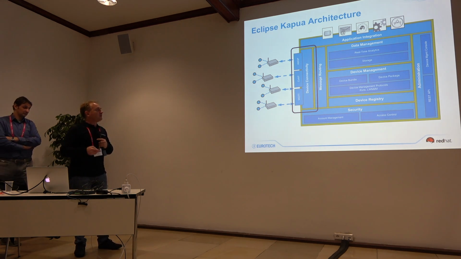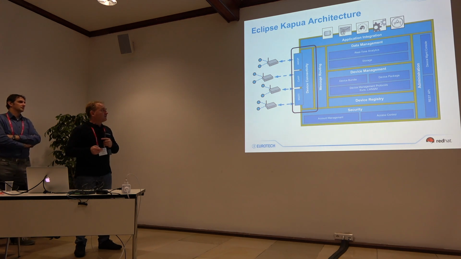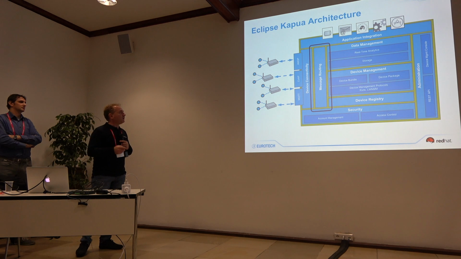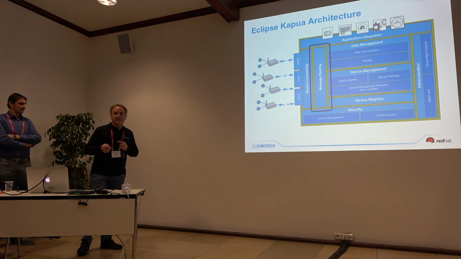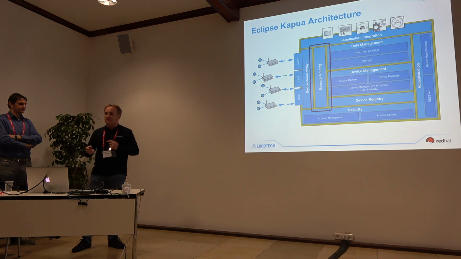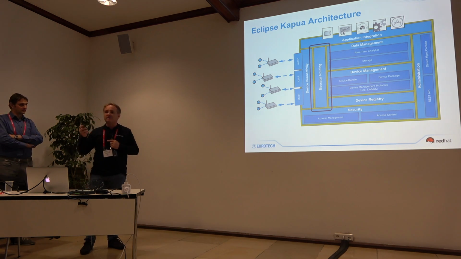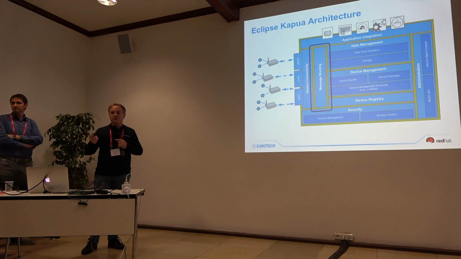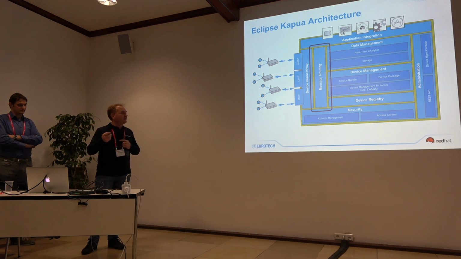Once the connection is established between the device and the platform, messages start to flow from the field to the platform. We have basically three broad categories of messages: lifecycle messages, command and control messages, and data messages. Data messages are those carrying the telemetry data, whereas the lifecycle and the command and control messages are used to manage the system.